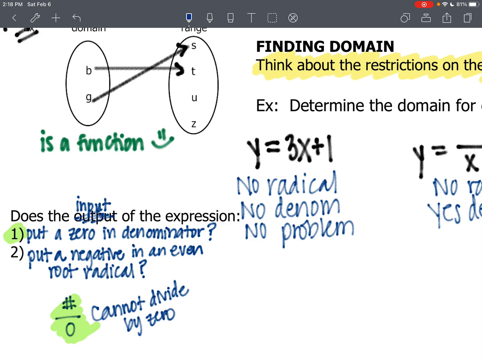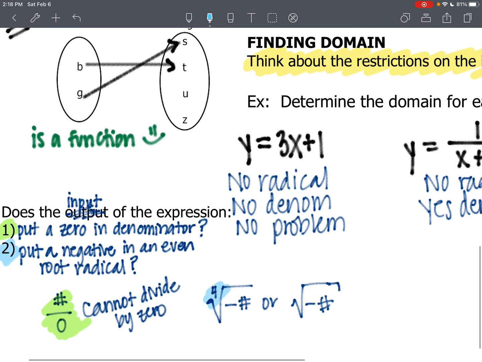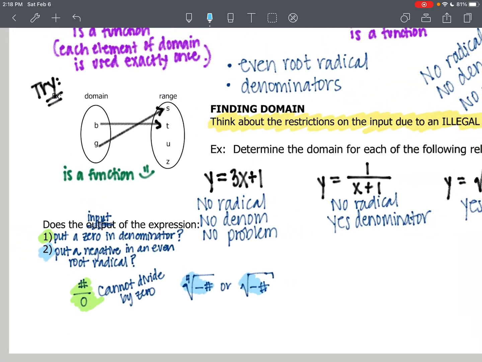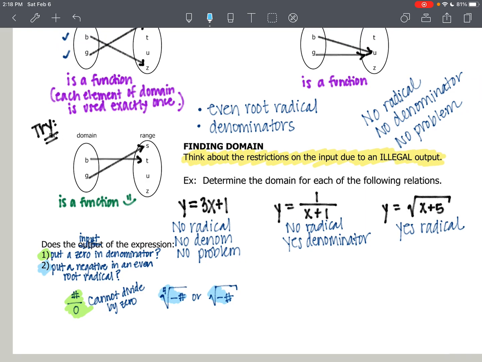And then number 2, just to give you a visual, we've got an even root, whether it's a fourth root of a negative number or a square root of a negative number. These are issues because we can't have those negative radicands, not when we're graphing, not when we're dealing with functions.